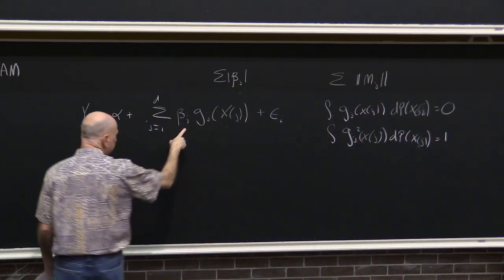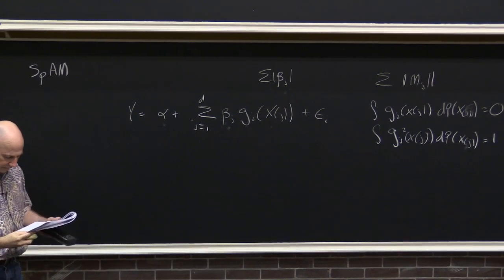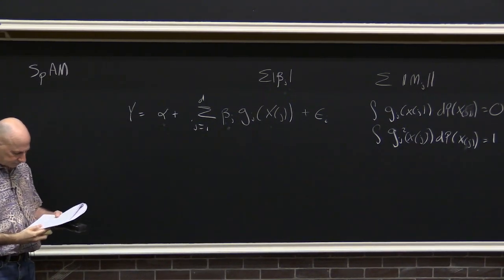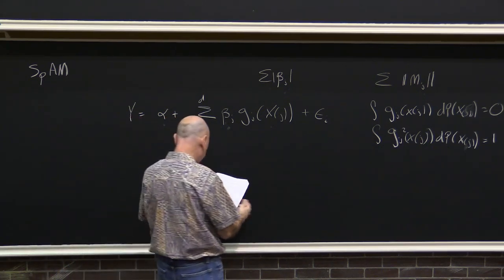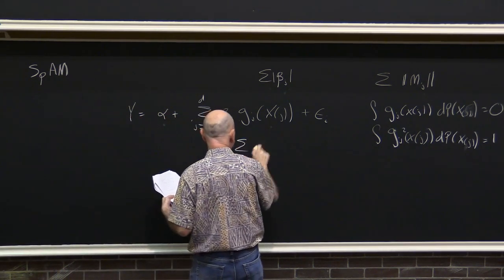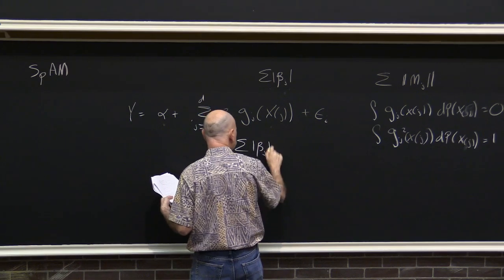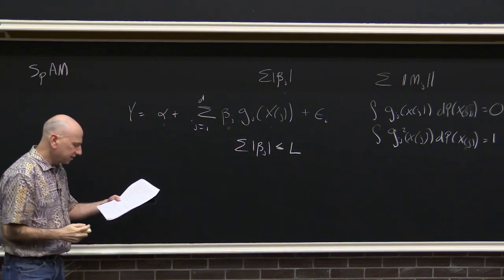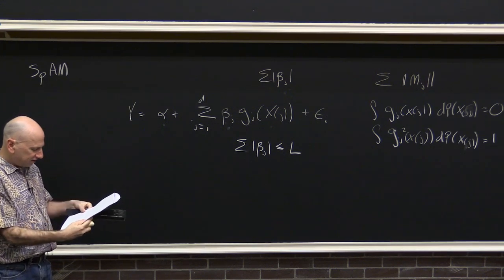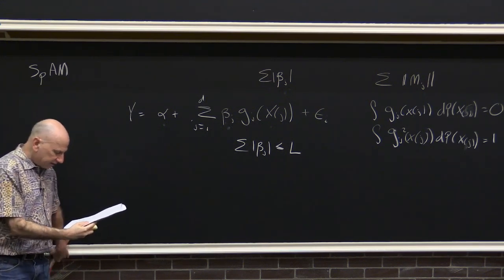Otherwise, this beta j wouldn't be well defined. And now, if we write it this way, we're going to have this sparsity constraint on the beta j's. But in terms of functions, that's really like putting a condition on the norms.